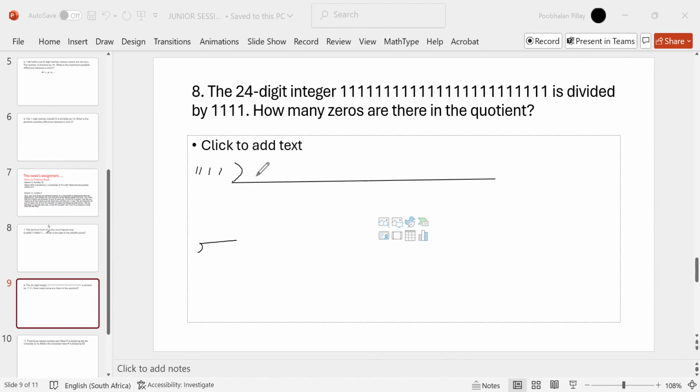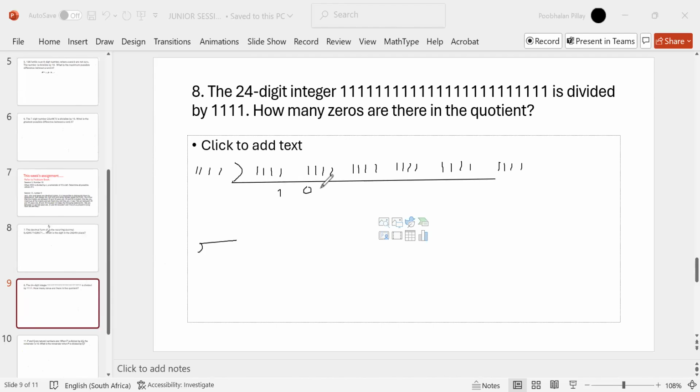I got 24 ones here. What I'm going to do is divide this into groups of 4. So there are 6 groups of 4. 1, 2, 3, 4, 5, 6. Right. And I've separated them because now I can say this goes into this one time, right? And the remainder is 0.